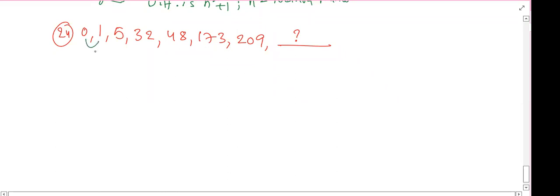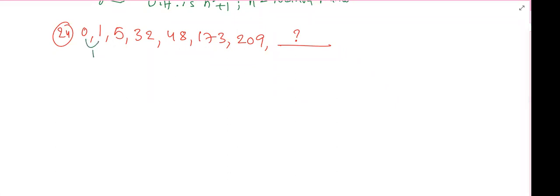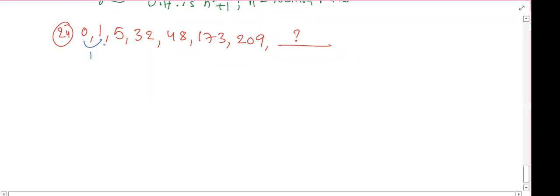Tell me the difference. The first is 1, then plus 4, and 4 can be 2 square. Next, the difference is 27. And the next difference is 16.